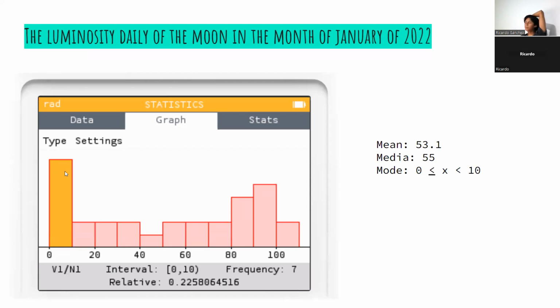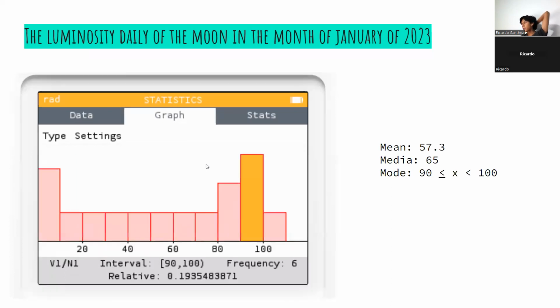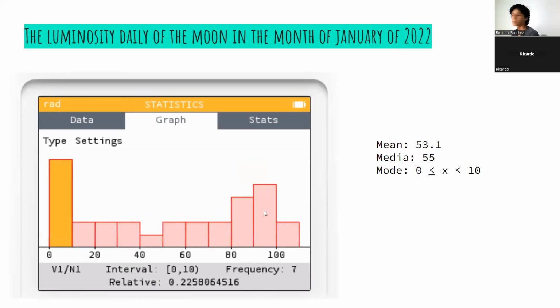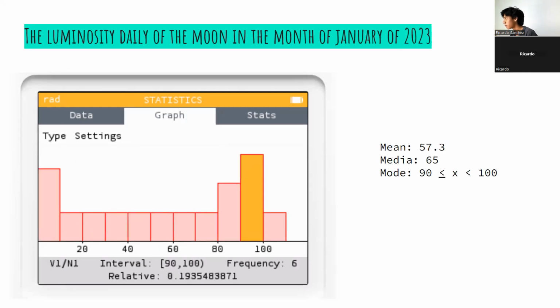And for the time period 2023, mean 57.3, median 75, and mode between 90 and 100, more than 90, less than 100. And there is a big change between modes because in 2022 the mode is between 0 and 10, and in 2023 the mode is between 90 and 100.